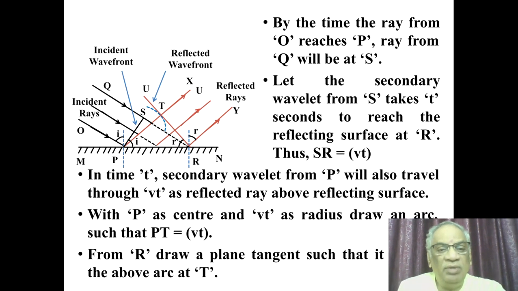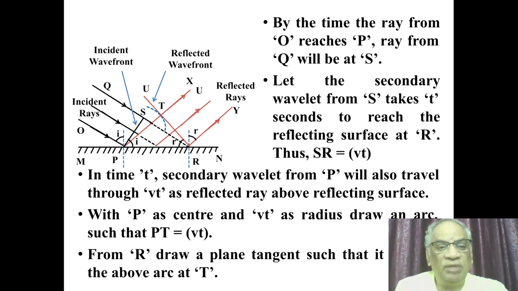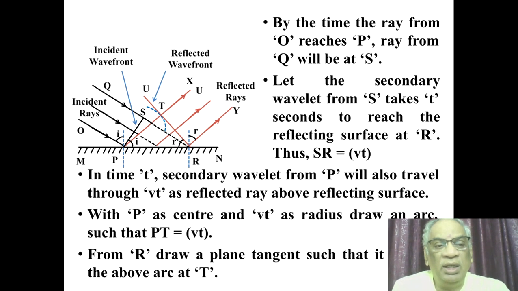Let the secondary wavelet from S take t seconds to reach the reflecting surface at the point R, so that distance SR is equal to v into t, where v is the velocity of the light. In the same time interval t, the secondary wavelet from P will also travel through vt distance as a reflected ray above the reflecting surface MN.